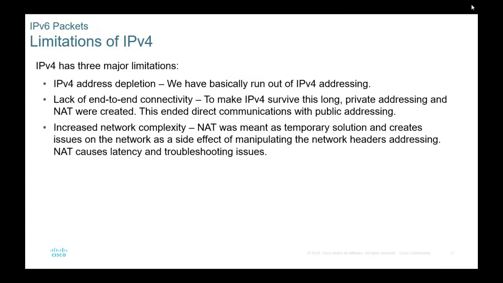So NAT has extended the life of IPv4. But as a result, there's a lack of end-to-end connectivity. To make IPv4 survive long enough, private IP addressing and NAT were created. This ended direct communication with public IP addresses, which means if I was at home, my computer wouldn't talk to Duvan's computer at his house directly.